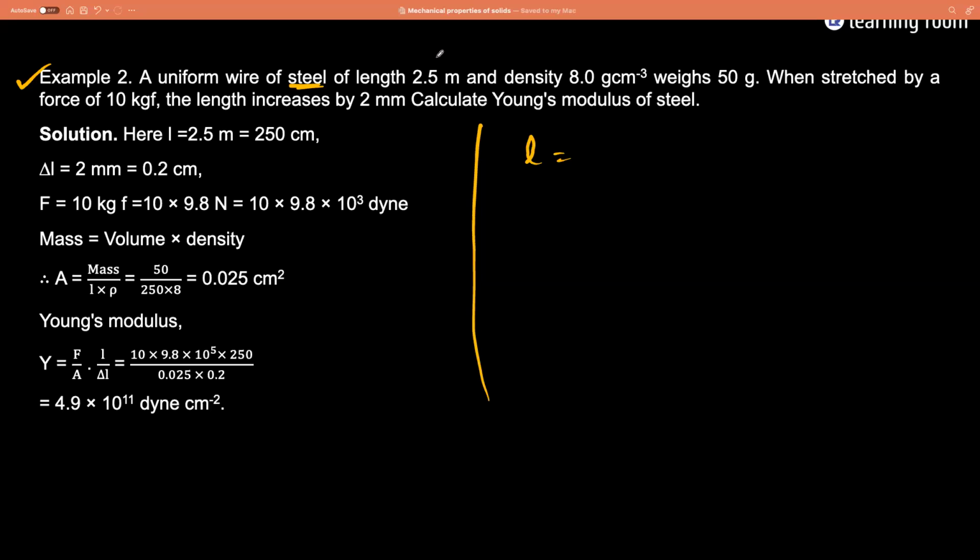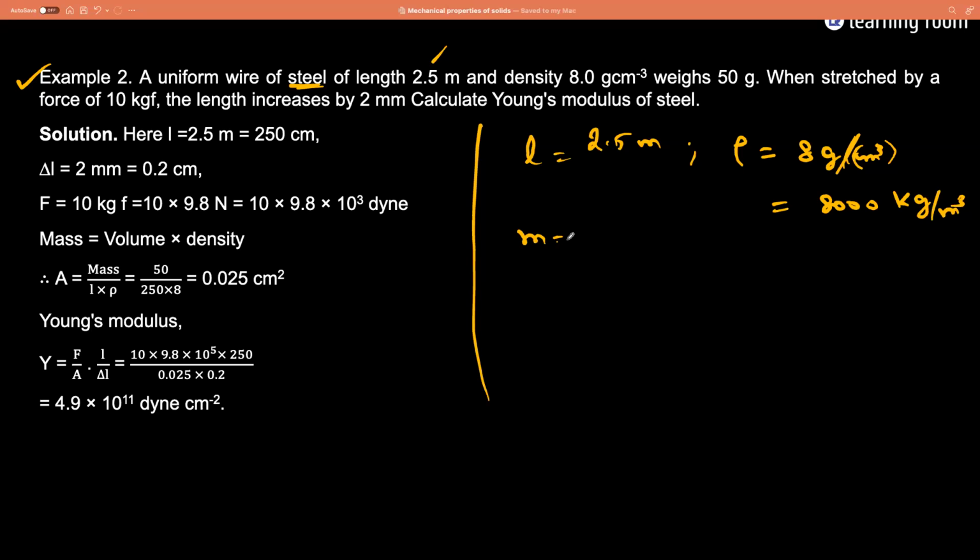Length 2.5 meter. Density is 8 gram per centimeter cube, which is how many kilogram per meter cube? It is 8,000 kilogram per meter cube, because 1 gram per cc is 1,000 kilogram per meter cube.